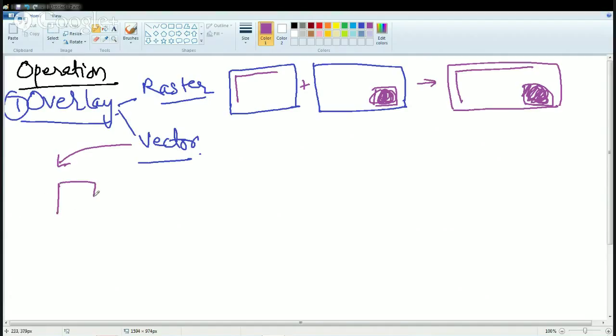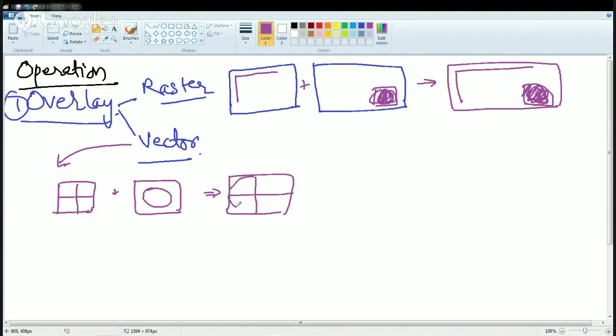For vector overlay, for example, there is a square. This is a square grid, and I am adding this to a circle. This would be the resultant. Basically I am trying to add the circle and the two lines together.